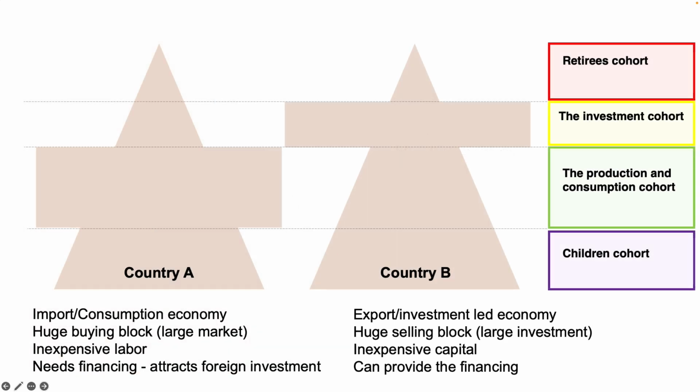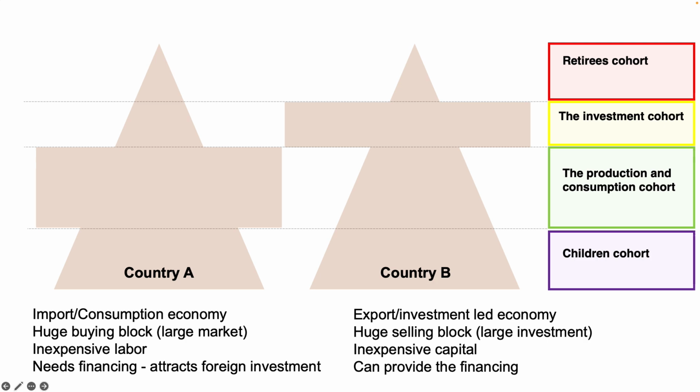You have country A and country B. Country A is an import consumption economy with a large market and cheap labor. They have small investment block, so capital is expensive. To grow, they need cheaper capital. Country B is their perfect solution. It is an export and investment-led economy with the cheap cash that country A needs.